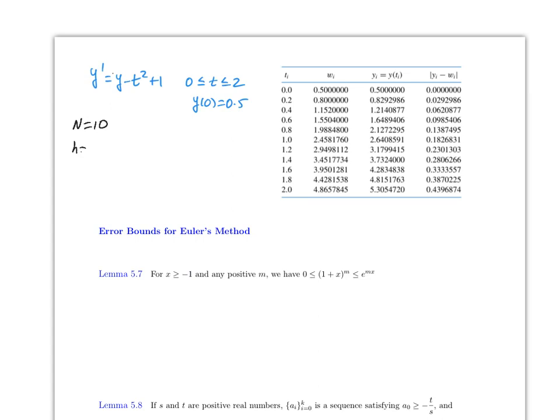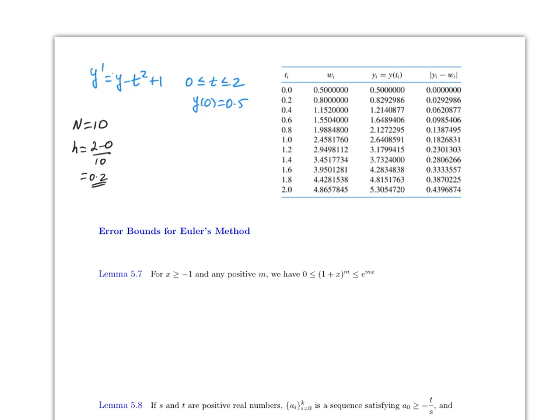So therefore h now will be 2 minus 0 divided by 10, which is 0.2, so the step is 0.2 every time. Now these will be the values, which are not hard to find, but it will take a while if you do it by hand. This is the exact value, and this is the absolute error. So you can see that as the value for h gets smaller, the error also gets smaller for the most part, except for the last one.